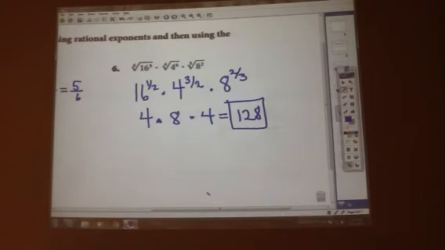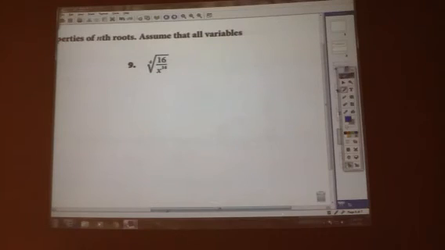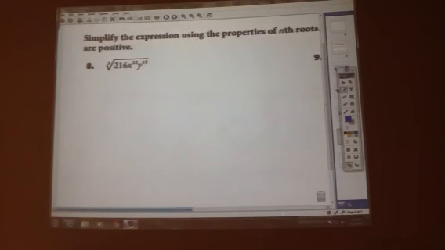Okay, let's go to page 663. We're going to do problems your turn 8 and 9. The cube root of 216x to the 12th y to the 15th really means 216x to the 12th y to the 15th to the 1/3.